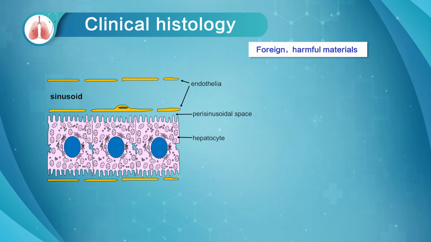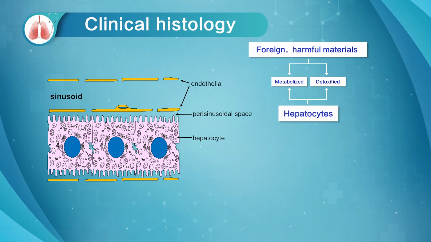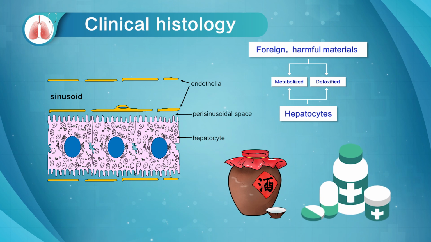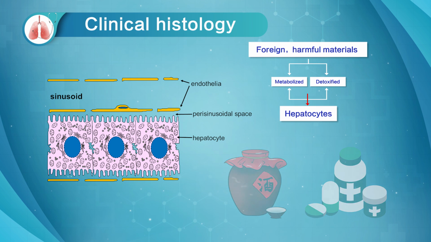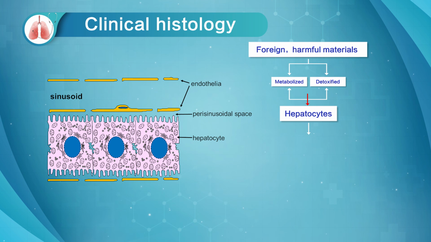There are foreign and sometimes harmful materials that need to be metabolized or detoxified by the hepatocytes, for example, alcohol and therapeutic medications. The detoxification process of these materials may also be harmful and may result in the necrosis of hepatocytes.